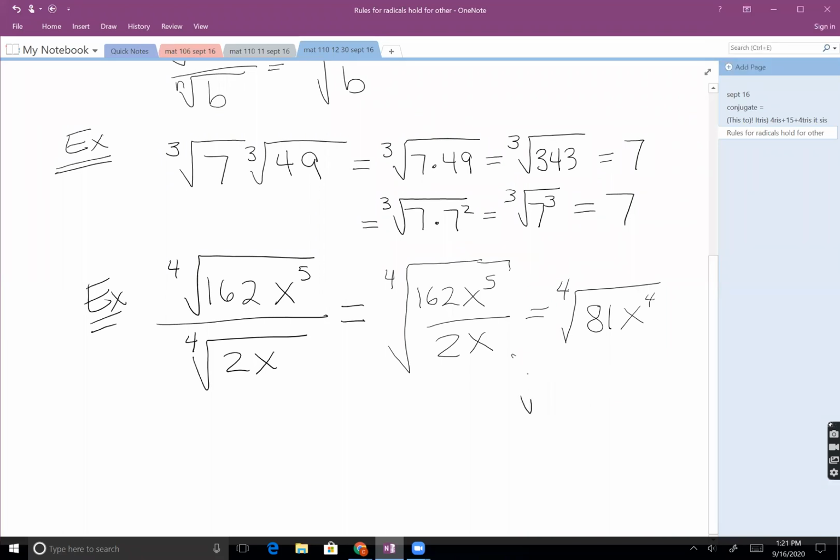Okay, so what we're doing is we're taking the fourth root of 81 times the fourth root of x to the fourth, using that product rule backwards. What number to the fourth power gives me 81? I think we looked at that as an example already and said it was 3. And then over here, what would I raise to the fourth power to get x to the fourth? X.